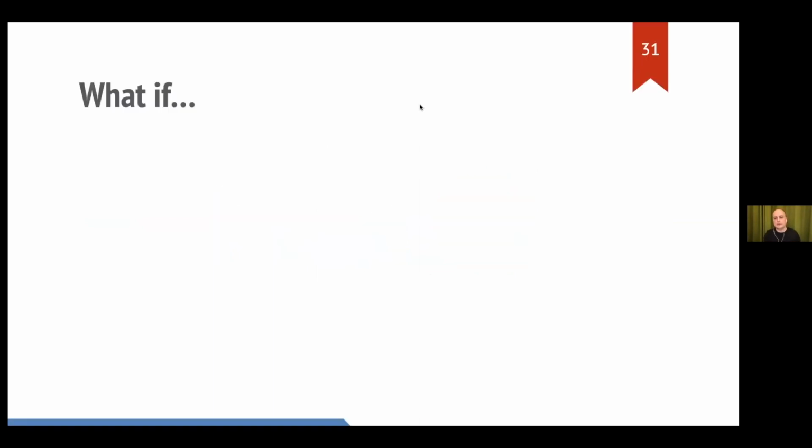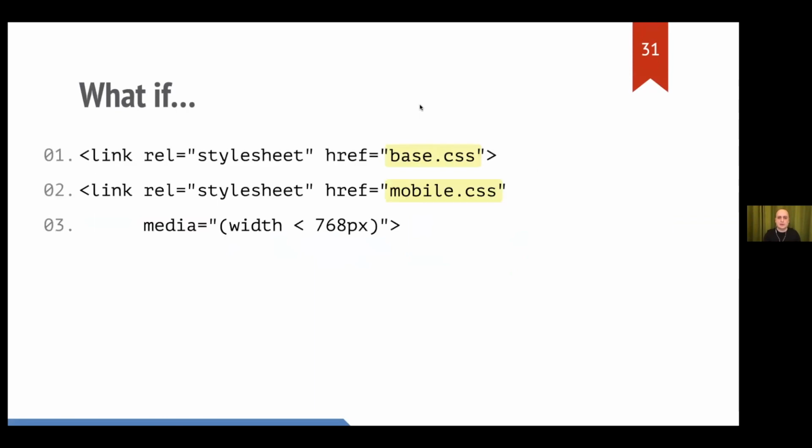But then I thought, wait a second. What if we can do something like this? What if we can include our base CSS and then mobile CSS with an extra attribute? Remember those print styles? Those are not applied until we're actually printing.